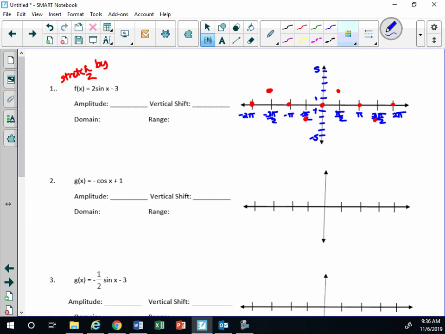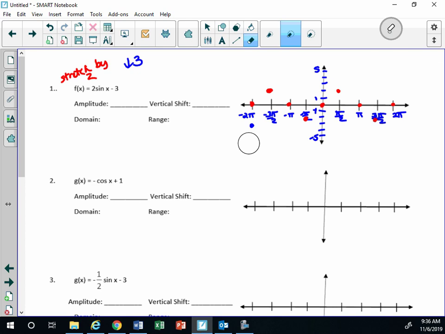After I stretch by 2, where do I have to go? Good. Down 3, right? So 0 would come down to -3. 2 would come down to -1.